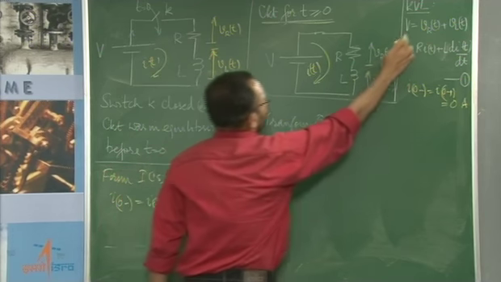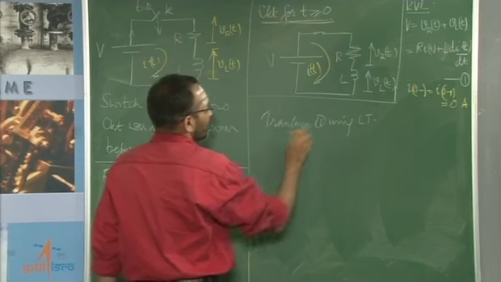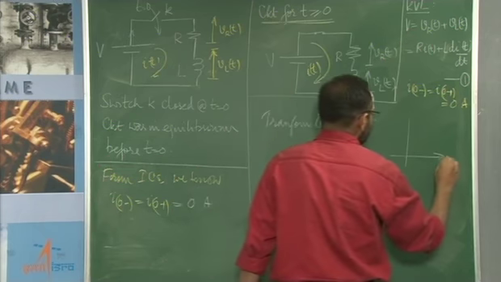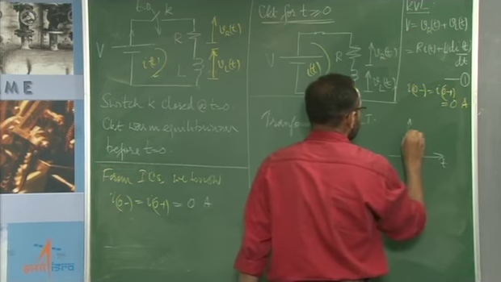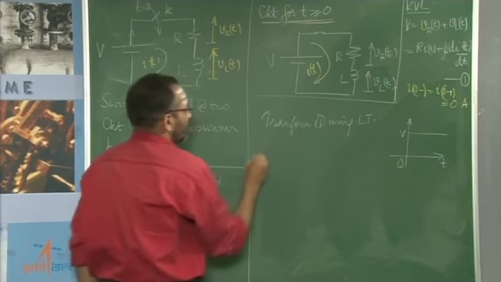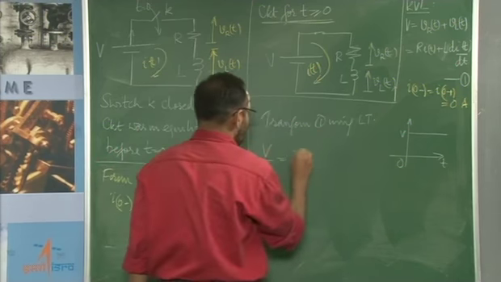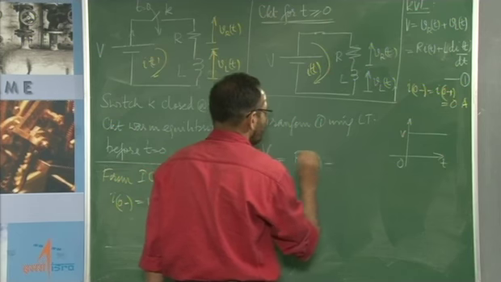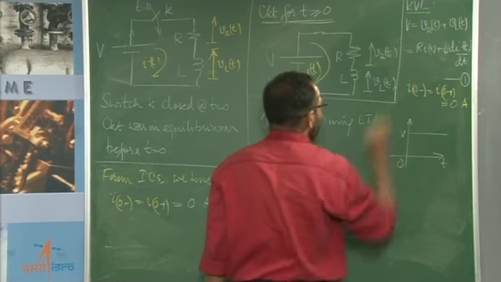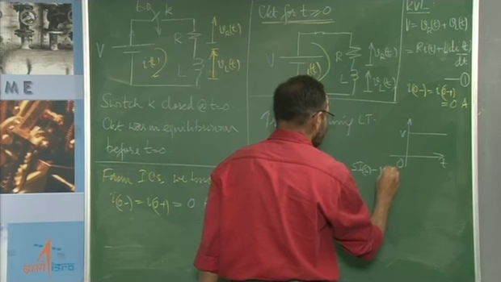This is constant and it is starting only at t equal to 0, which means you are looking at this voltage like this, t, and this is V. It is a step of value V. So, the left hand side becomes V by S equal to R I of S plus L into the Laplace transform of di/dt, so it is S I of S minus I0.